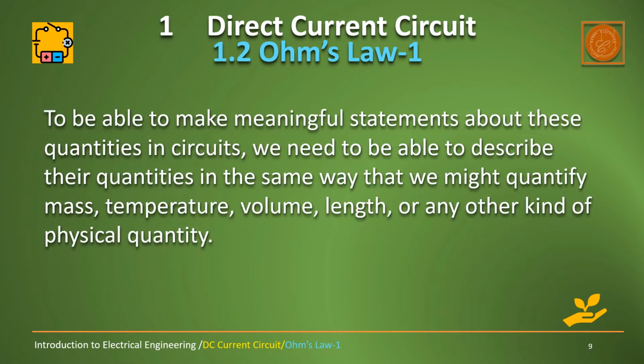To be able to make meaningful statements about these quantities in circuits, we need to be able to describe their quantities in the same way that we might quantify mass, temperature, volume, length, or any other kind of physical quantity.